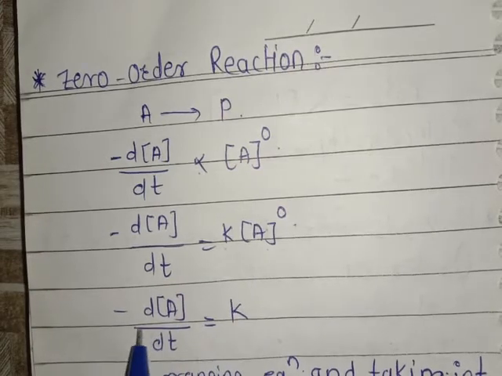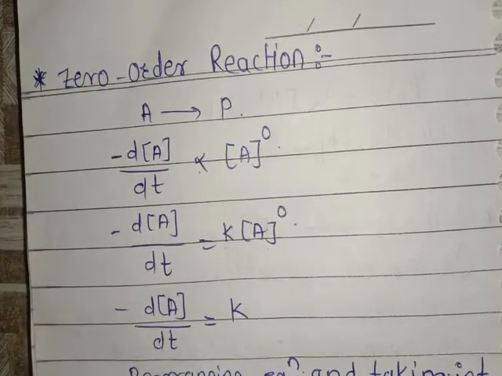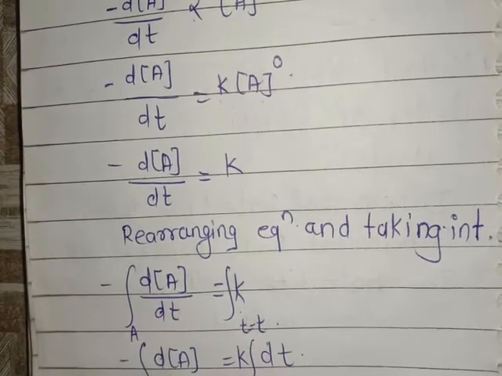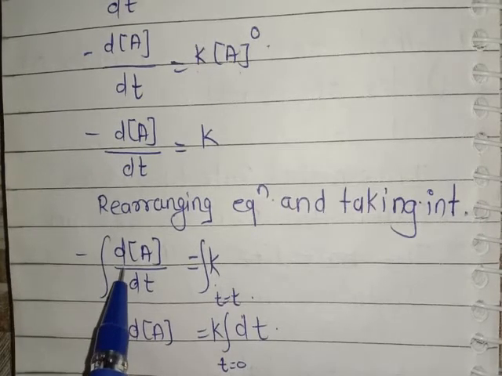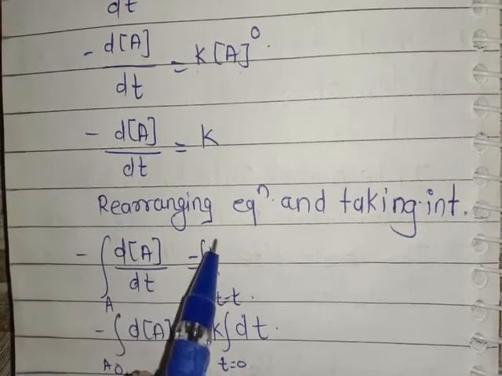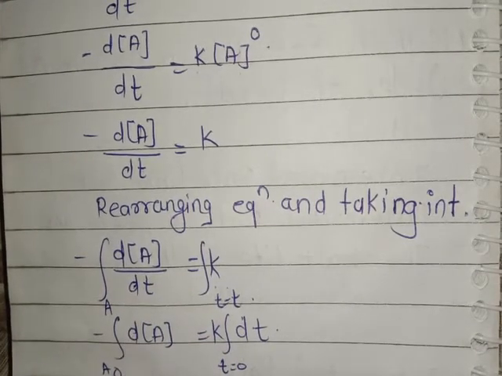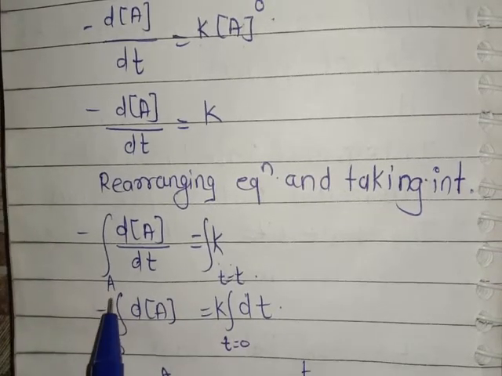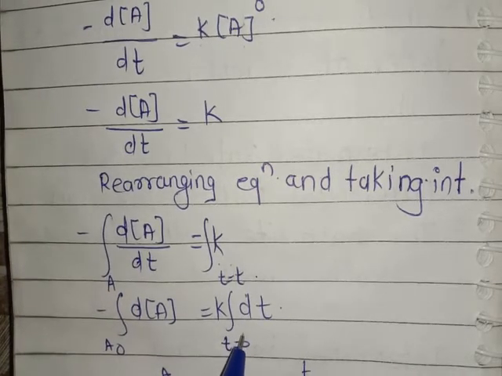Therefore, we have minus dA upon dt is equal to K. Rearranging the equation and taking the integration, we have the integration of minus dA equal to the integration of K dt. We take the limits from A equal to A0 to A, and for time t equal to 0 to t equal to t.